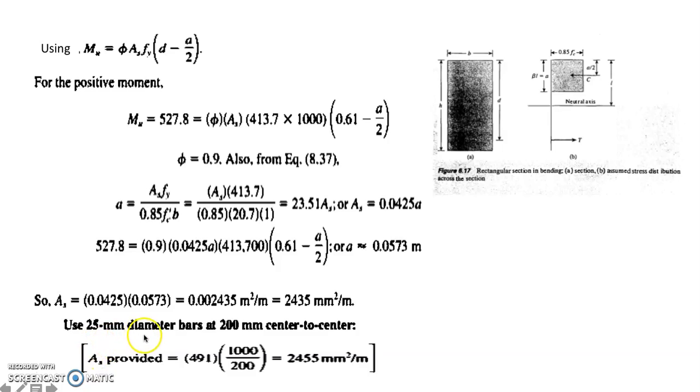Then to get this 200 mm center to center spacing, we multiply the area of one steel bar times 1000 and equate that to the area of the steel times the spacing. So S is the unknown, that is now the spacing.